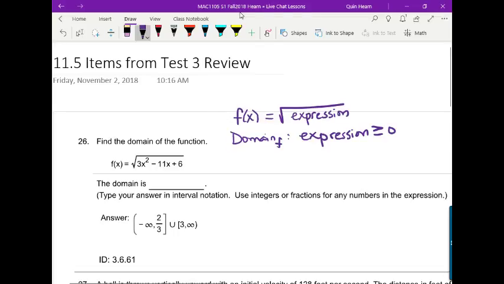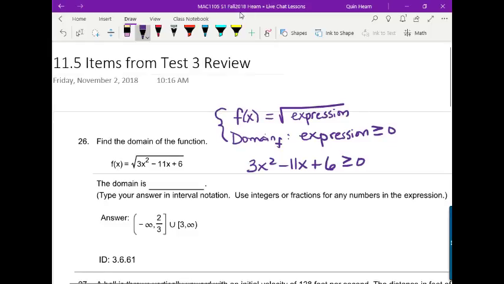So you have to apply that idea here. But when we do that, we'll be solving a quadratic inequality. And we talked about how to solve a quadratic inequality in class, but we haven't applied it to this context.